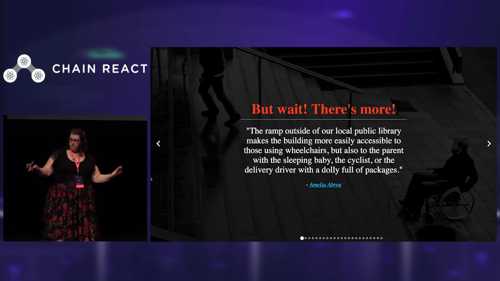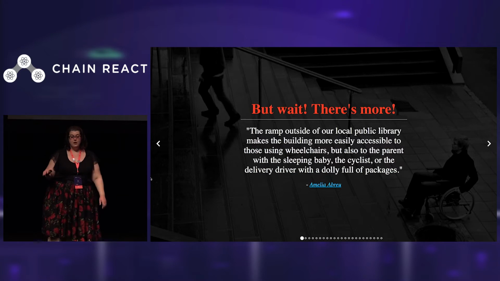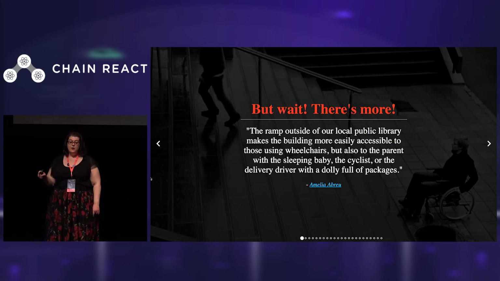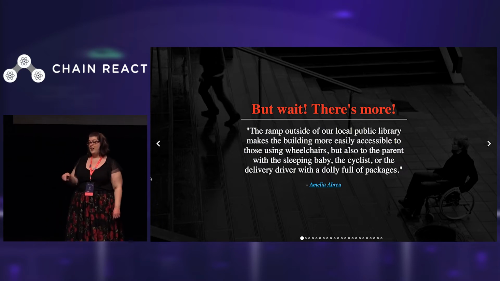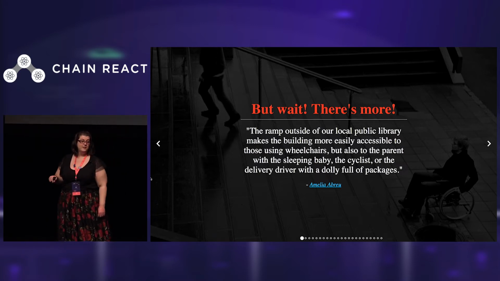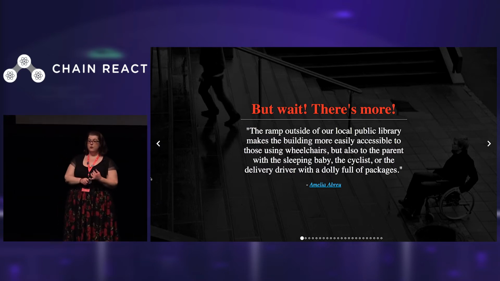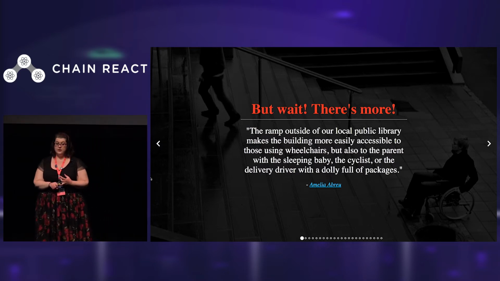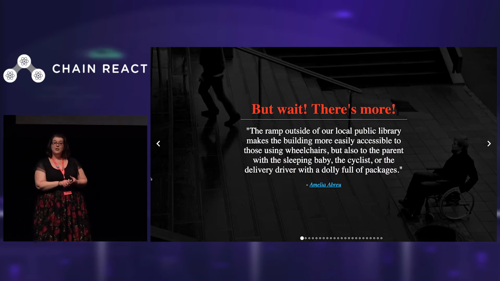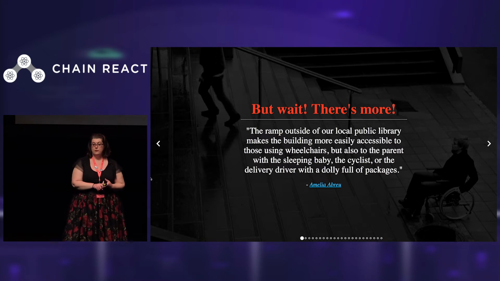So, there's more. The ramp outside of our local public library makes the building more easily accessible to those using wheelchairs, but also to the parents with the sleeping baby, the cyclist, or the delivery driver with a dolly full of packages. So what we're talking about there is that when you make something easier to read, easier to navigate, quicker to get to the final row, you're making it easier for every single person using your website, not just people using assistive technologies.